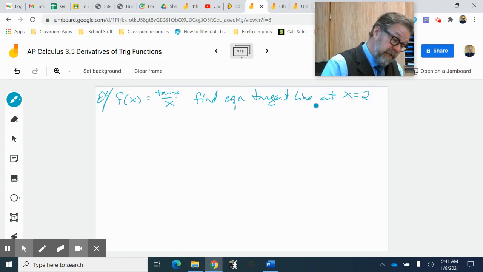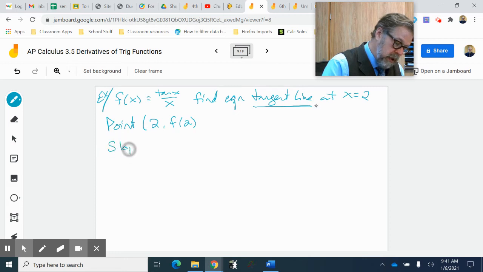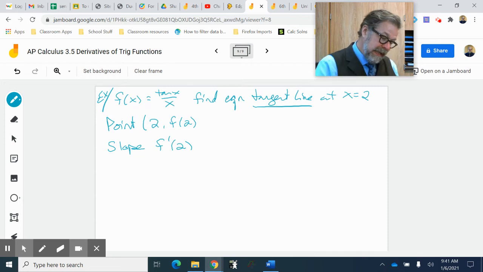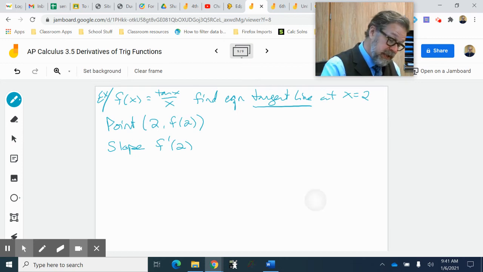So what do we need for the equation of a tangent line? We need a point, and our point will be 2 comma f of 2, and we need a slope, which will be f prime of 2. So first thing I can do is plug 2 into there, and what I get is that the point is approximately 2 comma negative 1.093.